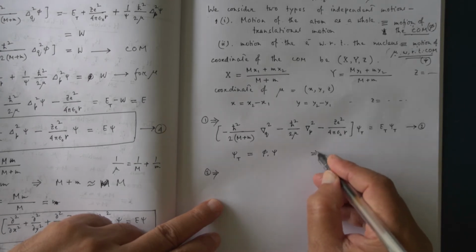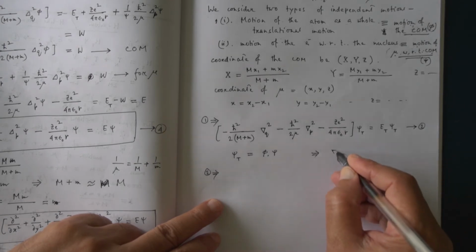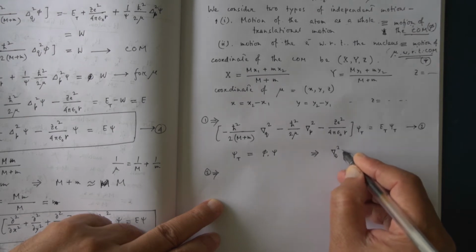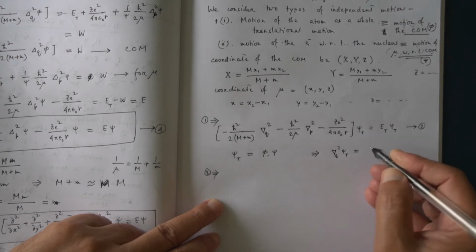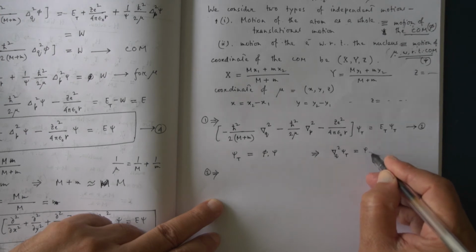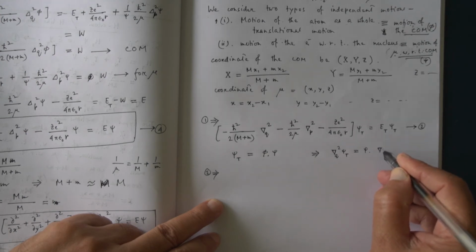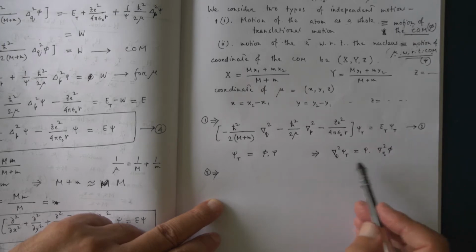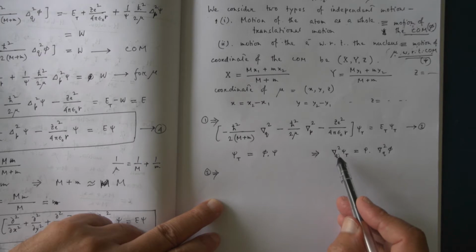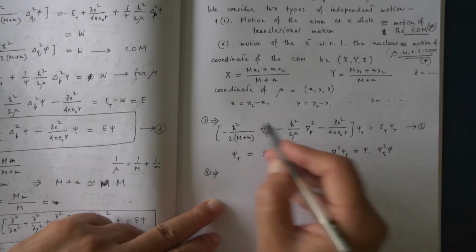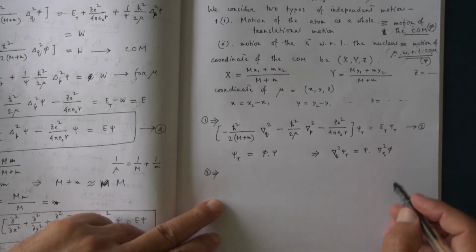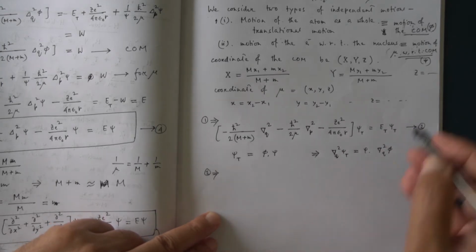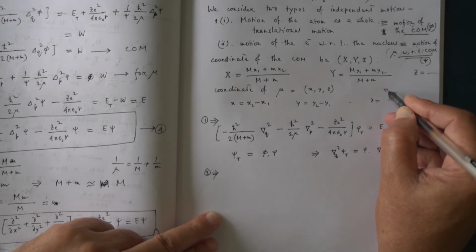If we write del 2 psi t, that will be equal to psi into del 2 q phi, because we are differentiating with respect to this. And what is del q square?